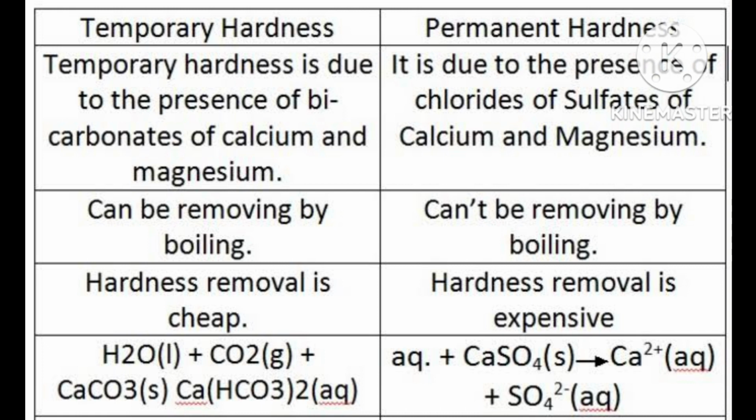This peroxodisulfate, if it is hydrolyzed, on hydrolysis gives hydrogen peroxide. Hydrolysis of peroxodisulfate gives peroxide. Peroxodisulfate on hydrolysis gives 2HSO4.